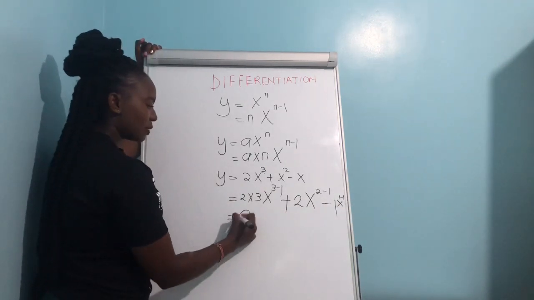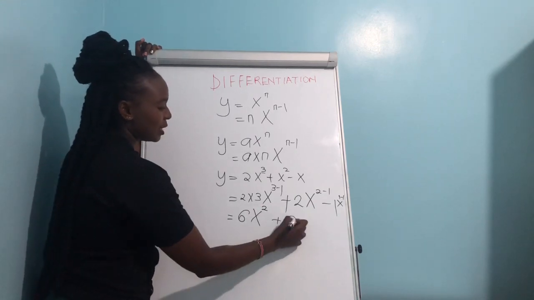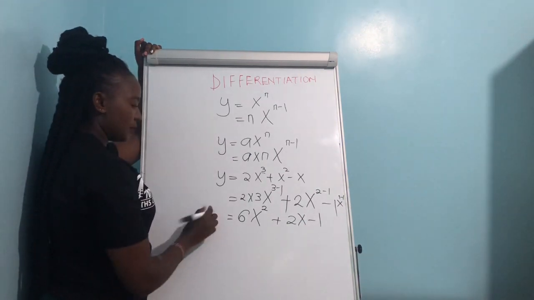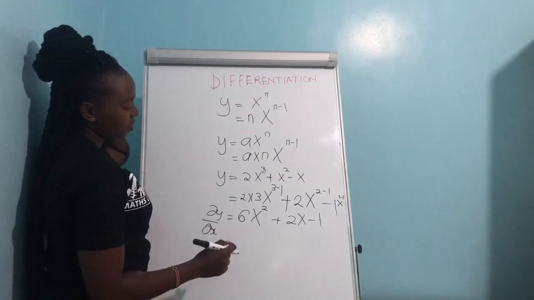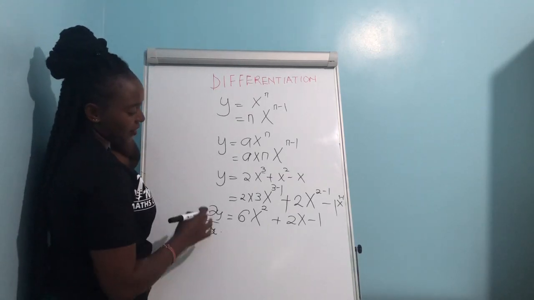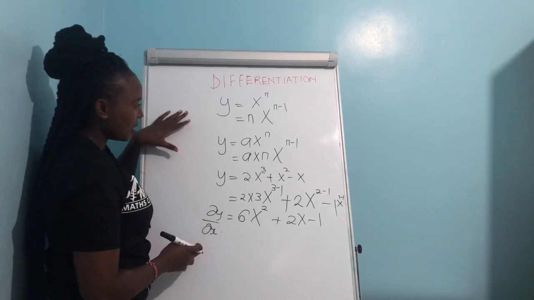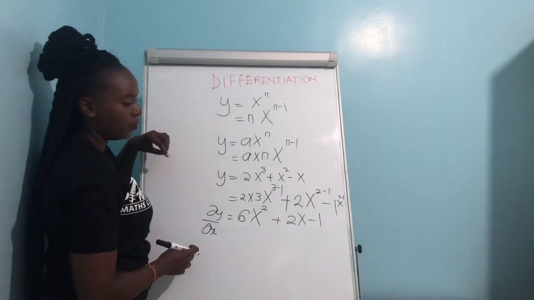So this becomes 6x^2 + 2x - 1. So this is now your answer. So basically, this is the first introduction, the first concept, the second concept, and the third concept of differentiation.